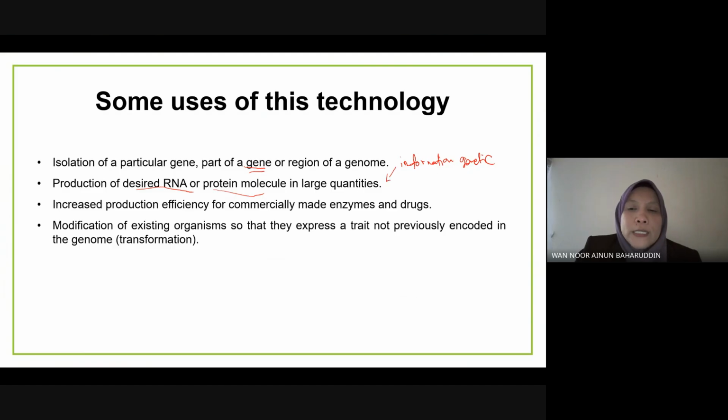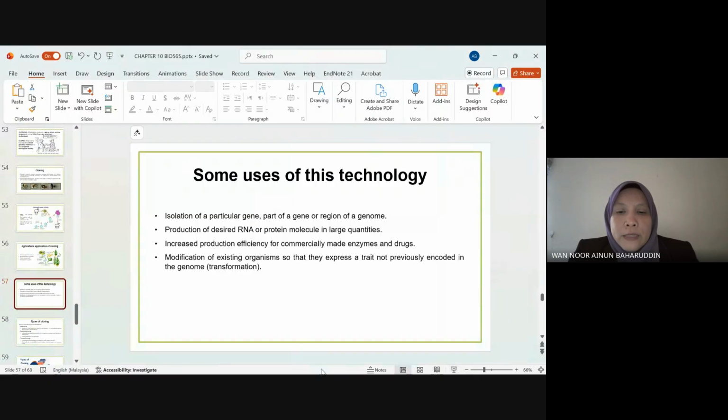This means there will be the processes of transcription and translation, which will then produce the protein successfully.